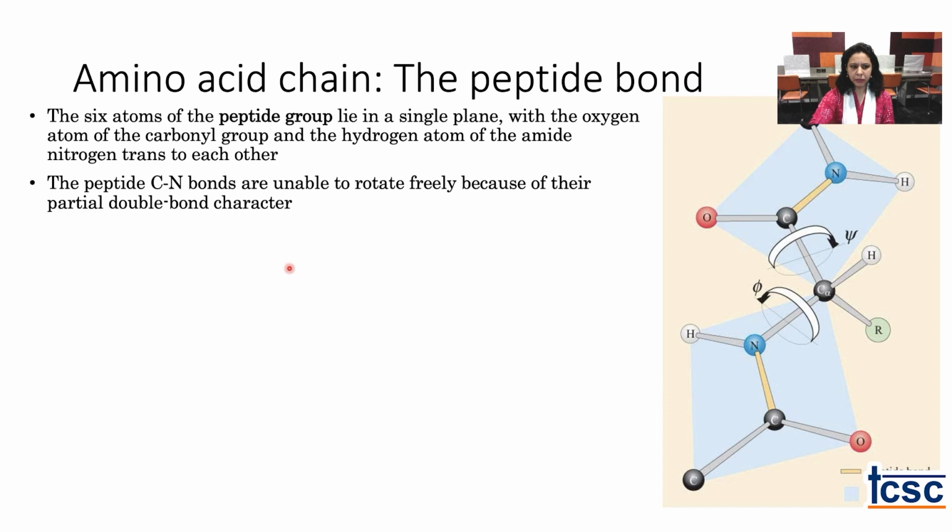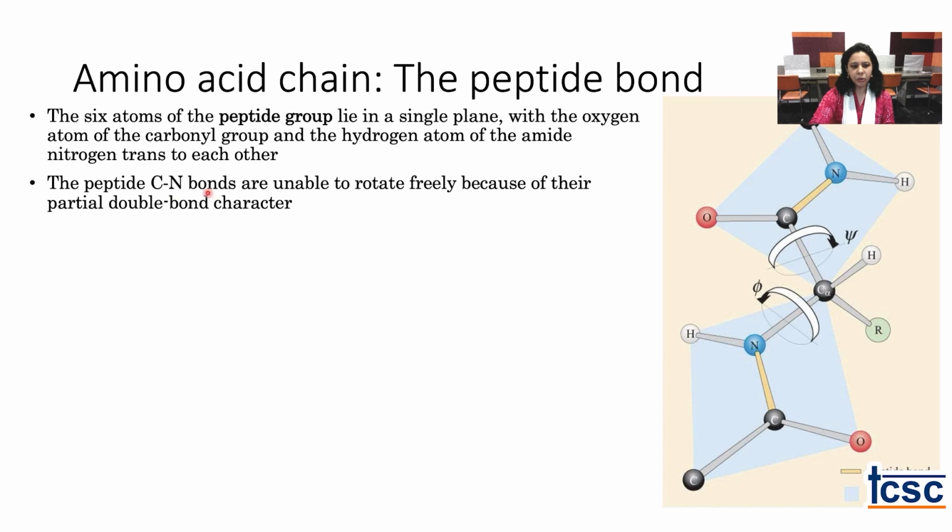Now, the peptide bond is a highly rigid bond, and it has a very unique characteristic. The peptide bonds, which are the CN bonds, are not able to rotate freely. Every bond has a certain degree of rotation that can occur around it.